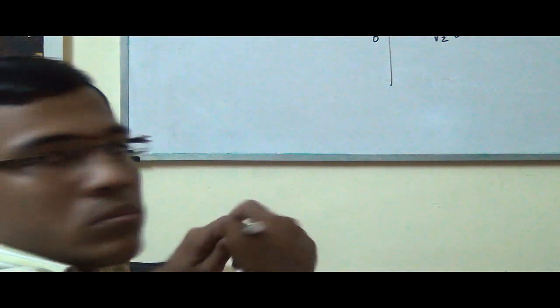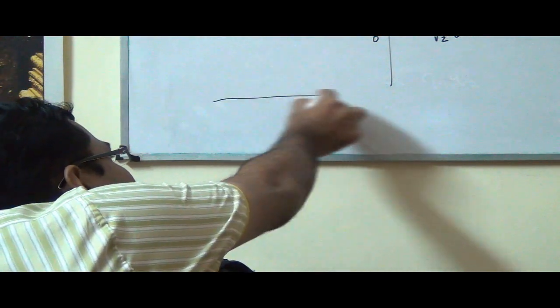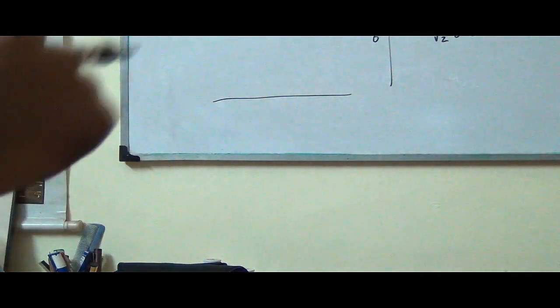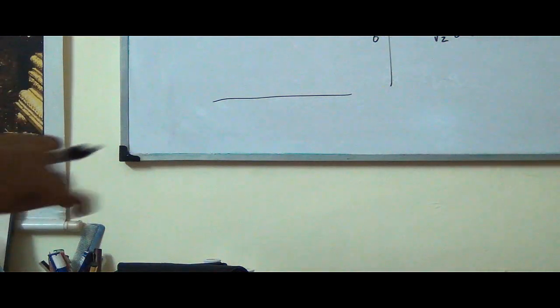This is going to be a medium. You can see the board a little bit, so let me draw. So this horizontal line which I have drawn is the medium. Yes or no?